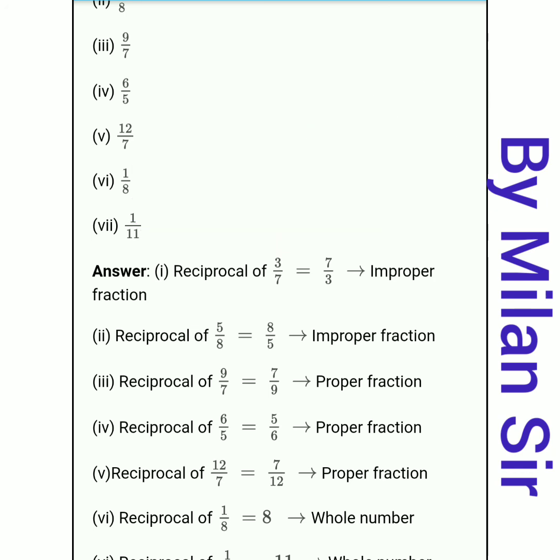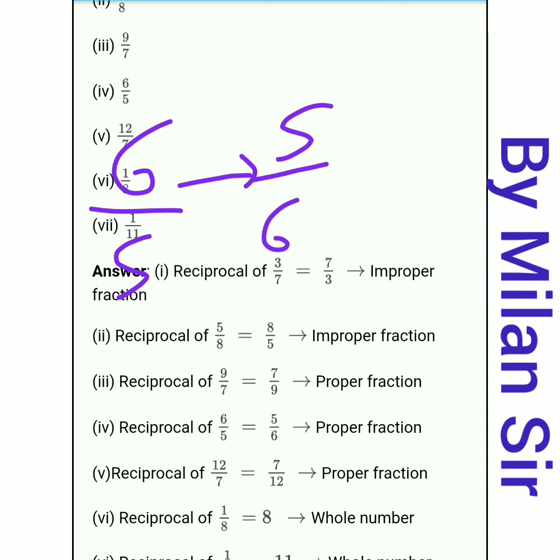Okay, question number 4, 6 by 5. Now reciprocal of 6 by 5 is 5 by 6, right? We need to change the numerator and denominator. So here the denominator is greater than the numerator, so again it is a proper fraction.